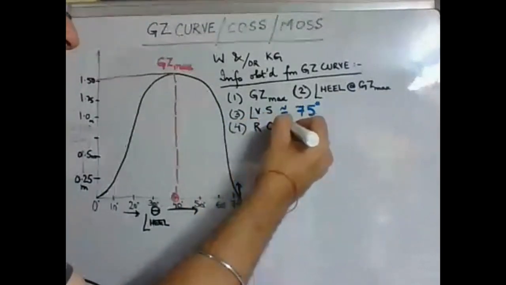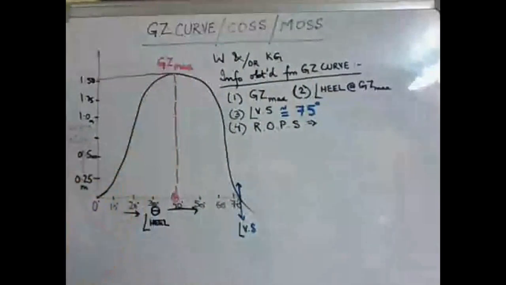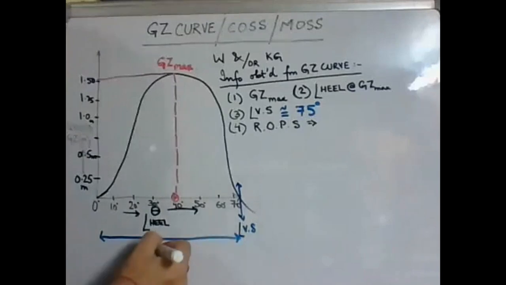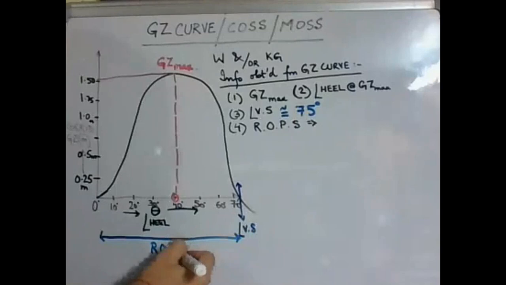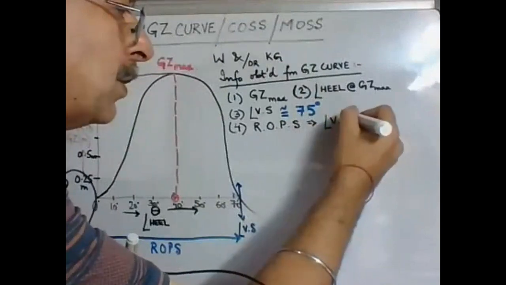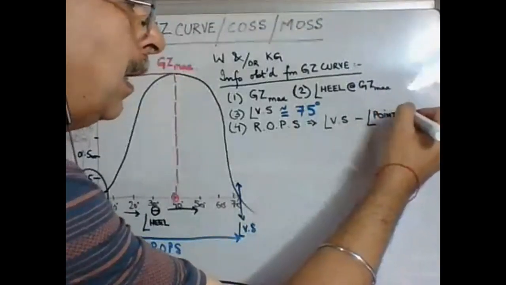Range of positive stability, ROPS. Range of positive stability is angle of vanishing stability minus angle at point of origin.